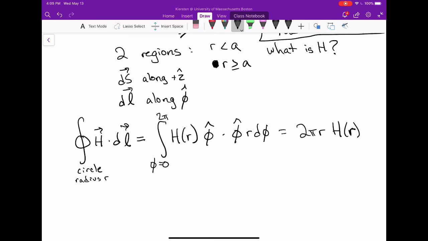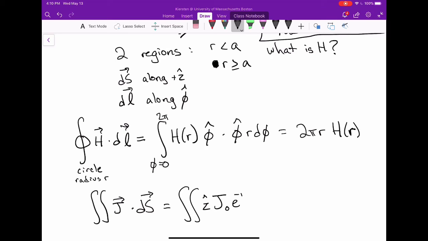On the right-hand side of Ampere's law, we had the integral of the current density through the surface. Now that current density was z hat J naught e to the minus r, and the differential surface element is going to be z hat r, not r squared.